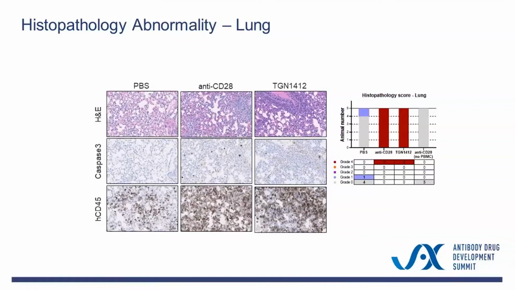On the right-hand side is the histopath scoring, with grades 0 through 4. With both anti-CD28 and TGN1412, all 5 mice on study treatment get grade 4 histopath in the lungs compared to the PBS control.